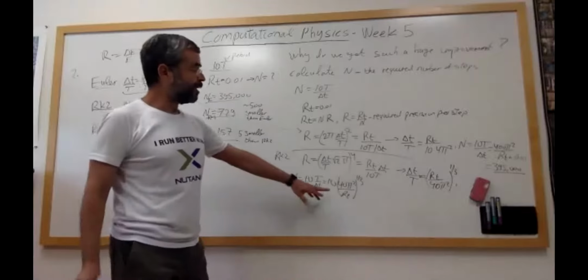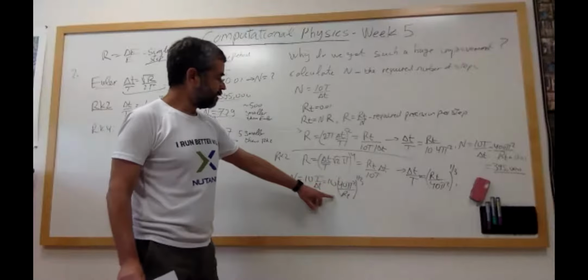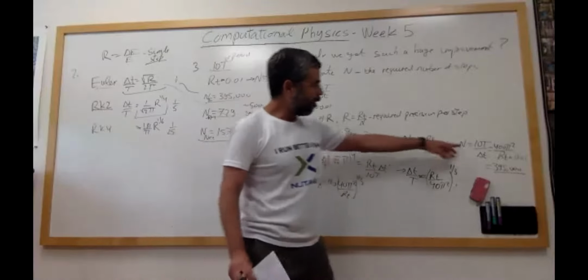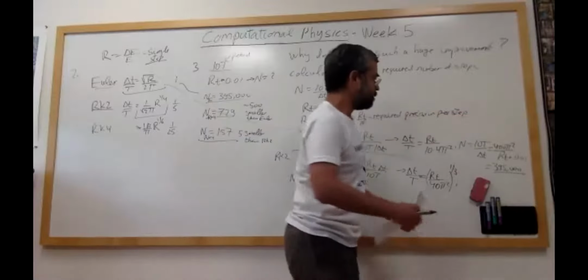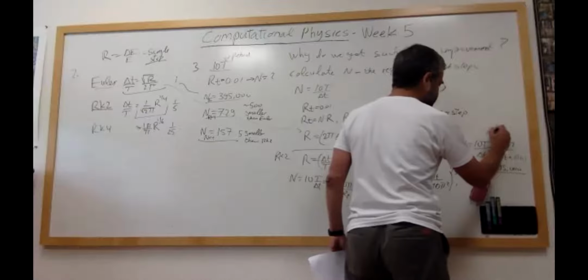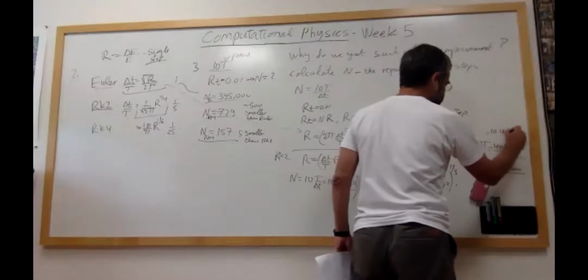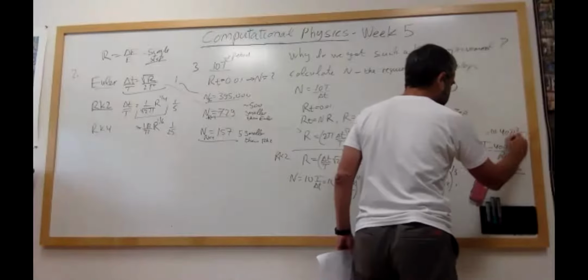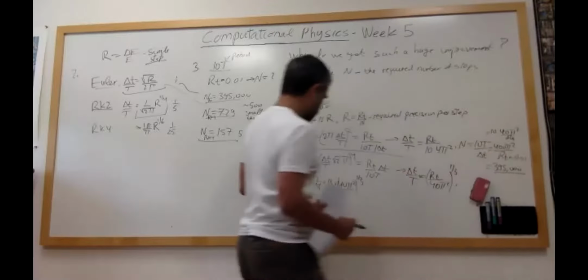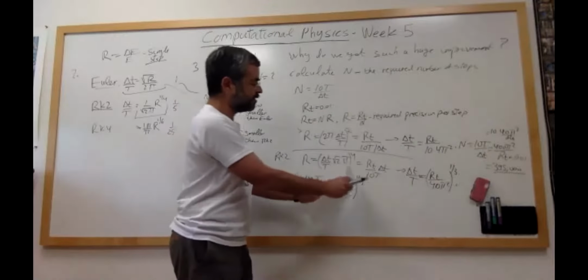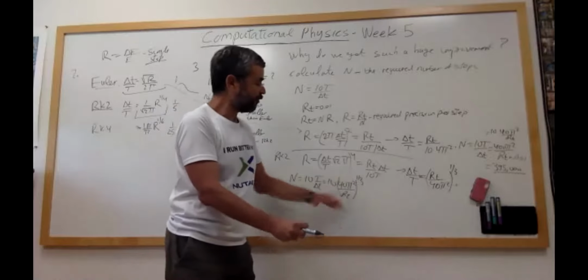So see the difference from here. In Euler, it was 10 times 40 pi squared over RT. And what we have here is that this expression is now to the power of 1/3.